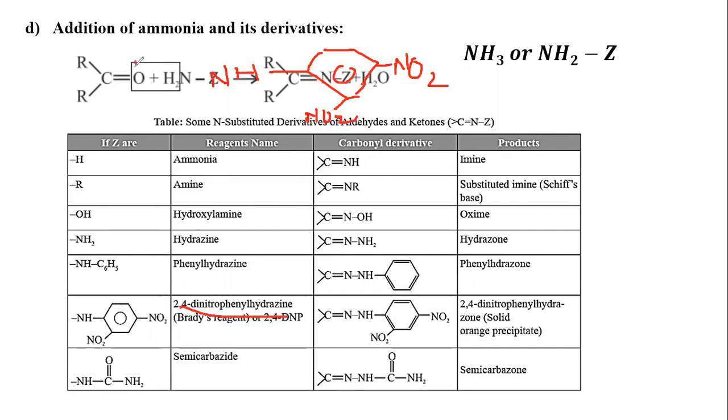So simply when we remove the water molecule from 2,4-dinitrophenylhydrazine, the product so formed will be 2,4-dinitrophenylhydrazone.